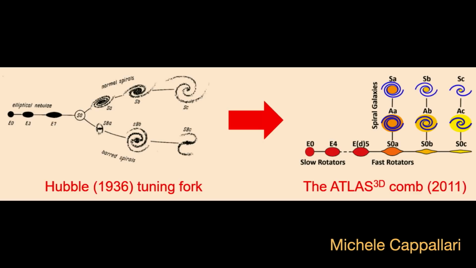And rotation is the key to understanding those. So really, the axis from left to right isn't so much who formed first, but rather how rapidly is that galaxy rotating?